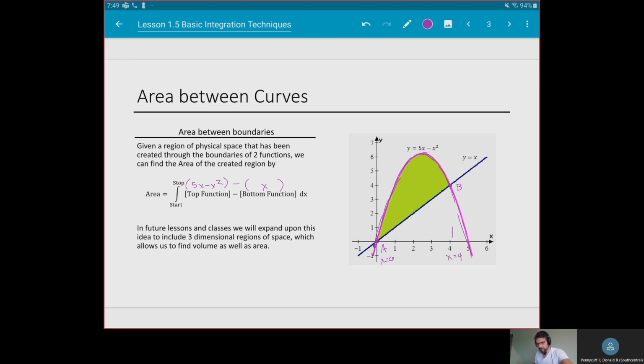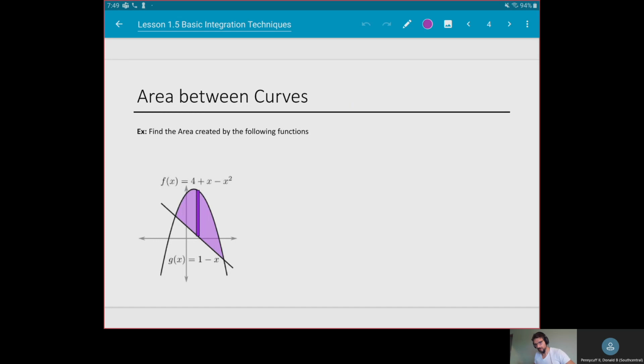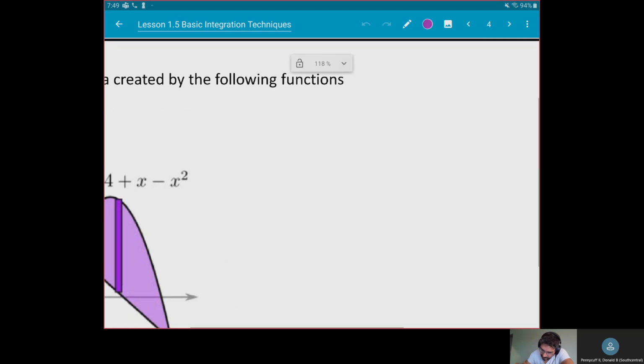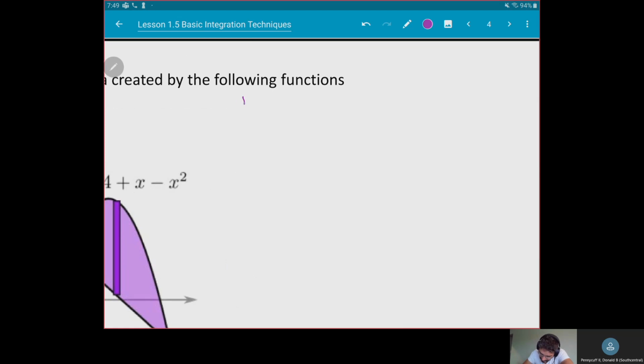So I want to show you guys how to actually find your start and stop, because there's going to be times where you won't have that given to you. So to find a start and stop, step 1, set your equations equal to each other.